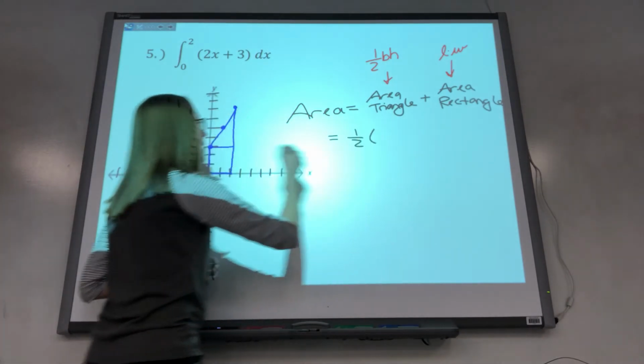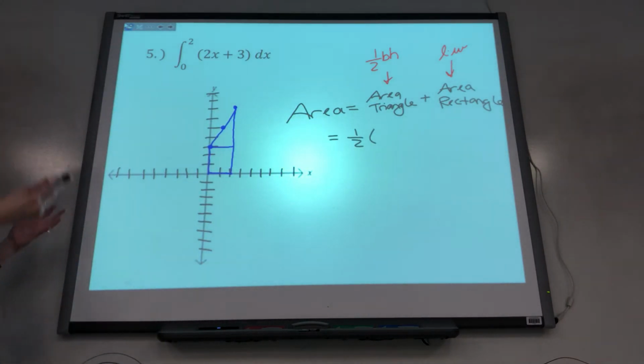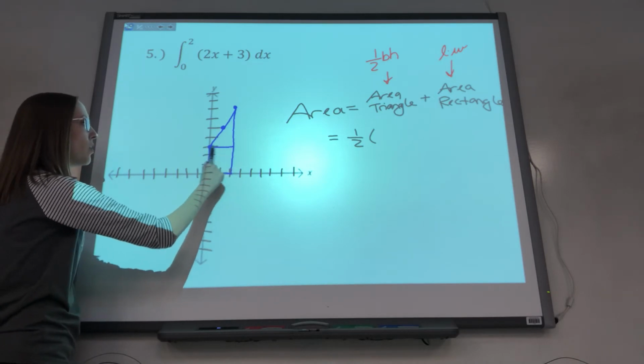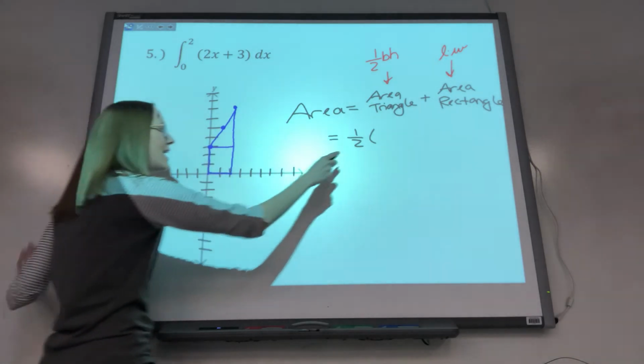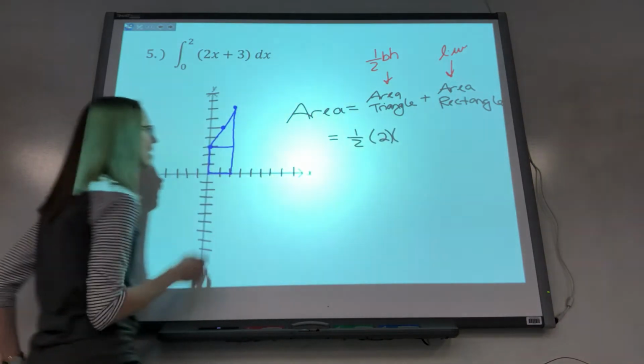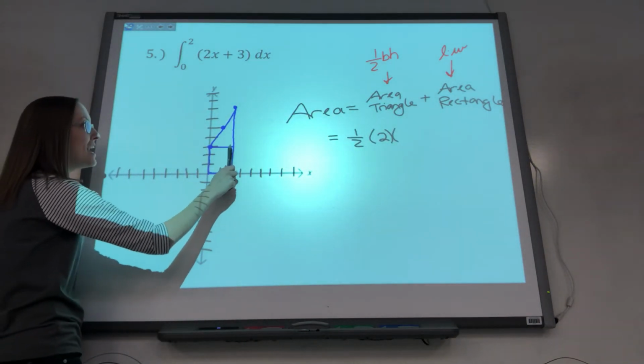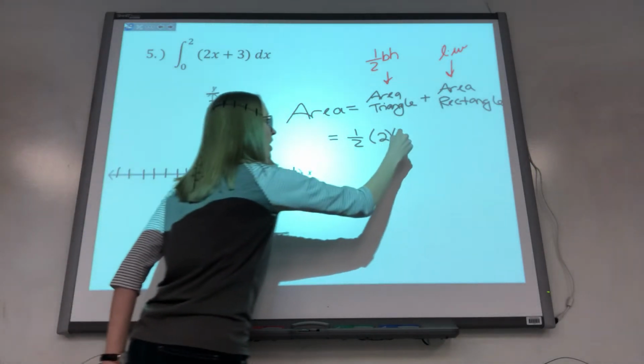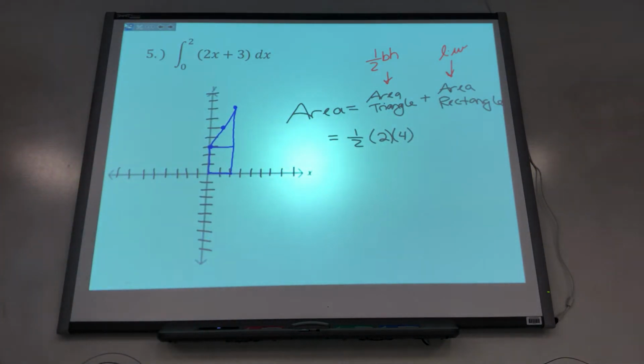1/2 base times height. Now, base for us kind of looks like this part right here. So the base, kind of using my x's, that would have a length of 2. And then height of the triangle, 1, 2, 3, 4. That would be my 1/2 base times height.